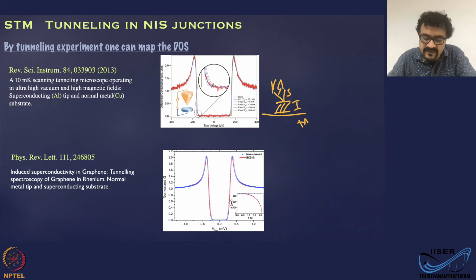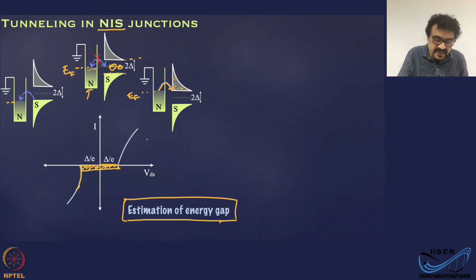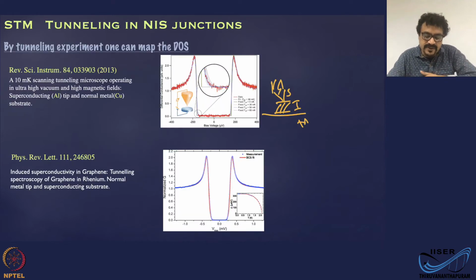Okay. And what you are doing is measuring the tunneling current through this junction, as shown here. So your tip is superconducting and the substrate is normal. When you apply voltage and measure the tunneling current, you are essentially doing the same sequence. So you are measuring the conductivity. Note the current, measure the conductivity.